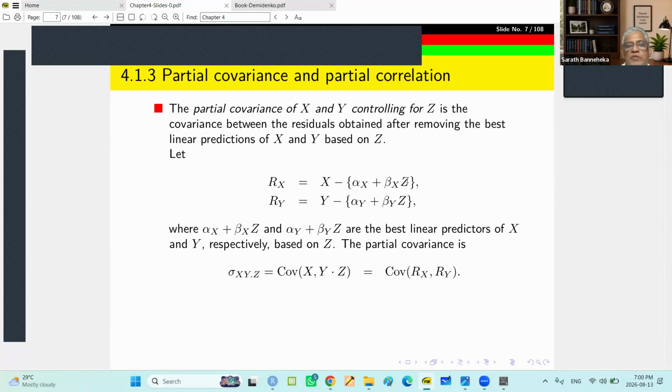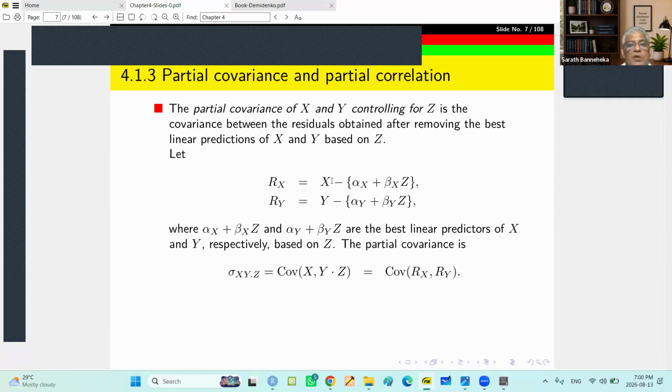So according to our definition that we discussed under regression in a previous video, it is equal to x minus the predicted value of x given by the fitted regression line. And similarly, Ry, the residual in this case, will be equal to y minus the predicted value of y based on z.